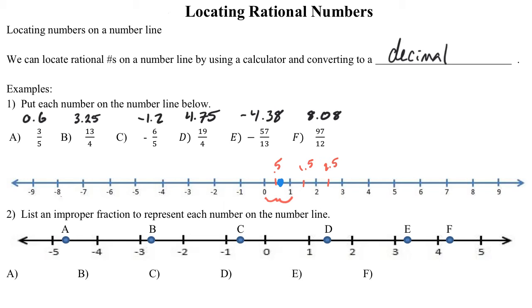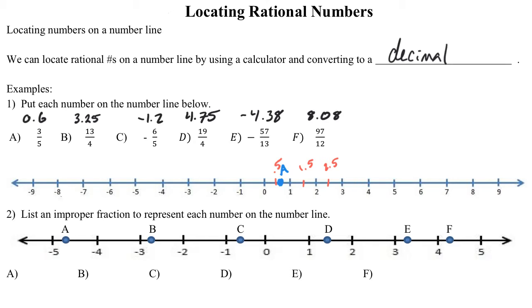So I'm going to go ahead and put my mark right there for A. Right? So again, this is approximate. It's a small number line to draw on, but you just want to make sure that you're putting it in a location that makes sense. I don't want to put 0.6 right next to 0 because it's closer to 1 than it is to 0. Not by much, but a little bit.